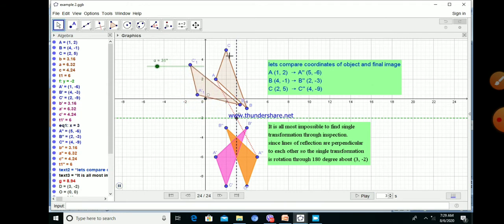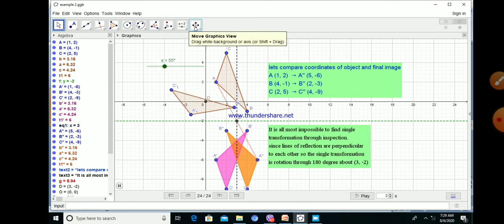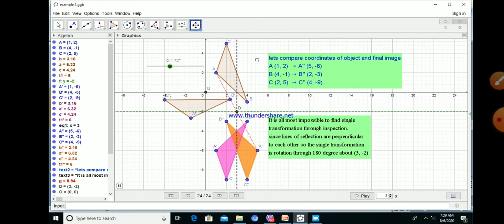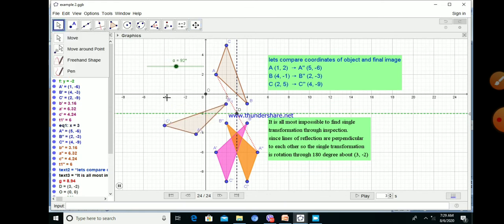Here I am rotating using the slider. You can see the changes of value in alpha, and accordingly how triangle ABC is transformed through rotation. So alpha is 55 degrees, 57 degrees, so there is a change in alpha, and accordingly a change in the position of triangle ABC.